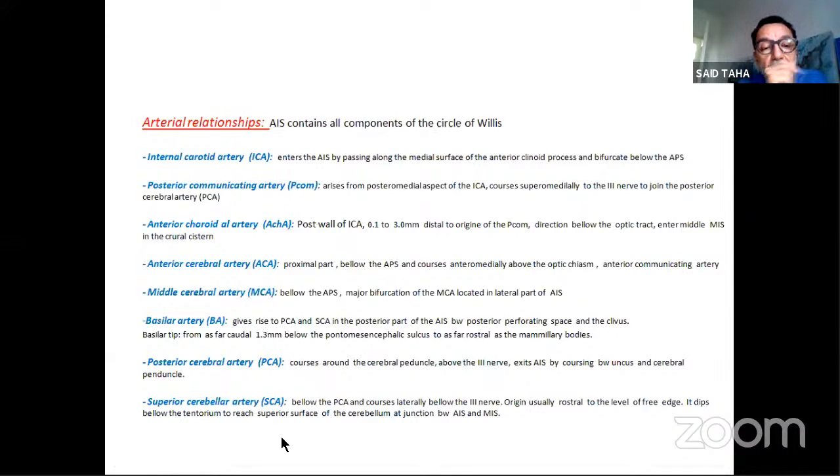The superior cerebellar artery is located below the PCA and courses laterally below the third nerve, and the origin is usually rostral to the level of the free edge. It dips below the tentorium to reach the superior surface of the cerebellum at the junction between the anterior and the middle incisural space.